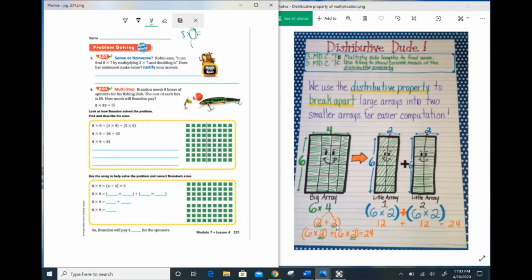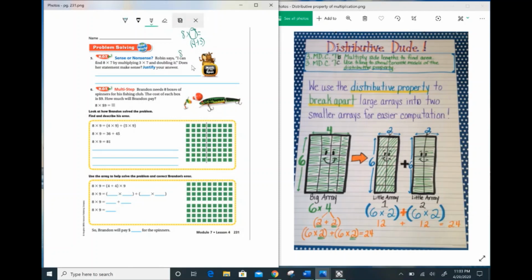So I know that 4 plus 3 equals 7. Now when I do that, look down here. I'm going to bring the 8 down, and I'm going to multiply each number by that one.